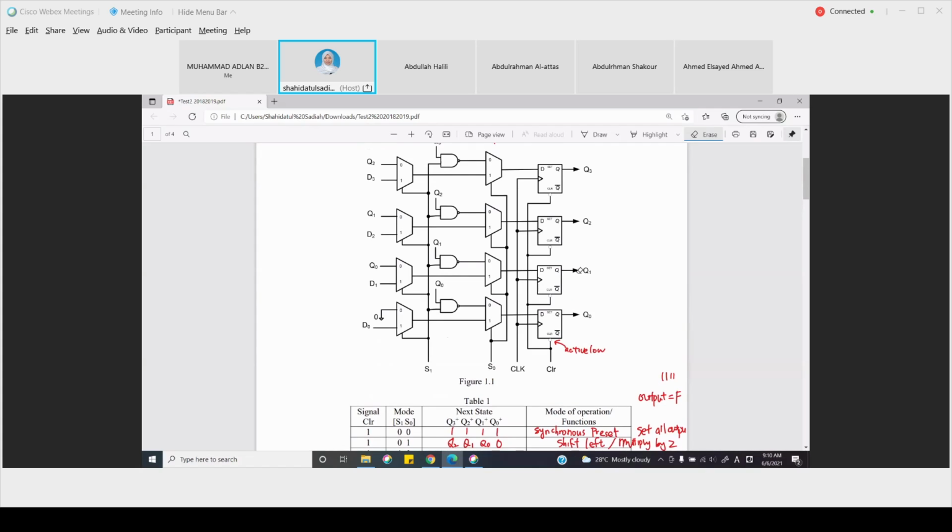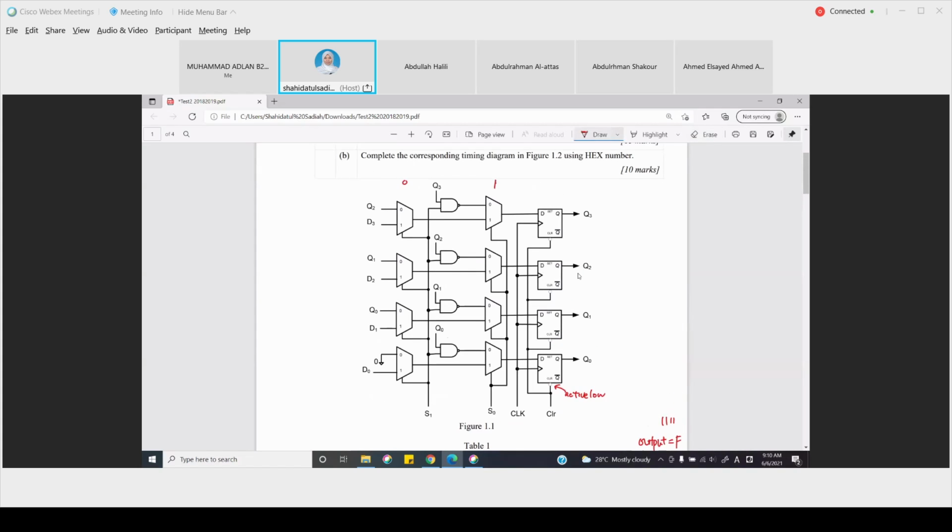If the selector is 1, 0, then here is 0, and here is Q3 and 1 bar.